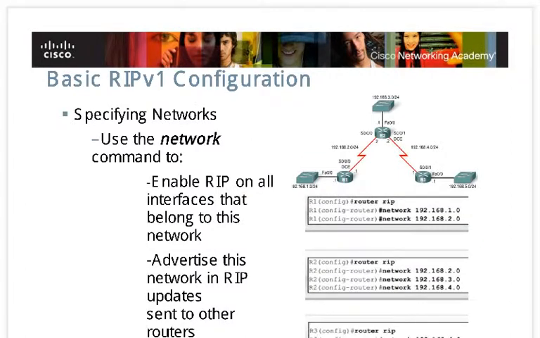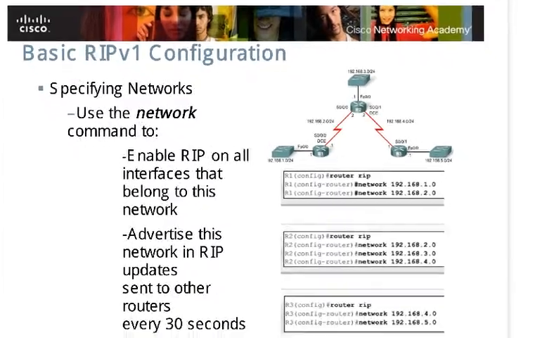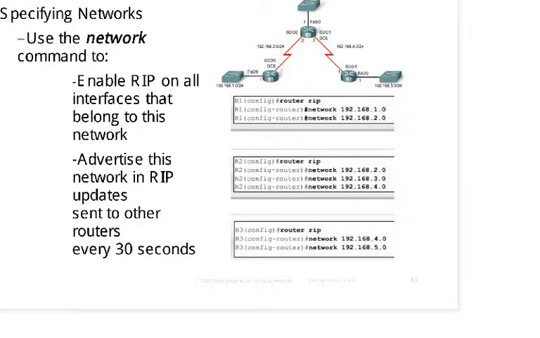So for the basic configuration of RIP, you have to specify the network. Of course, as part of this course, we're not going to go through the commands of how to configure routers, because this is not part of the course. What we are discussing here are the concepts of routing protocols.